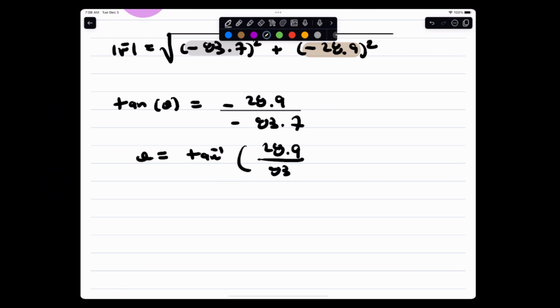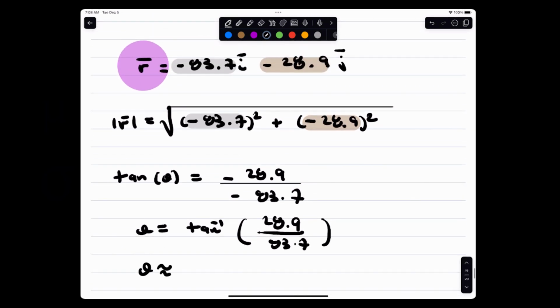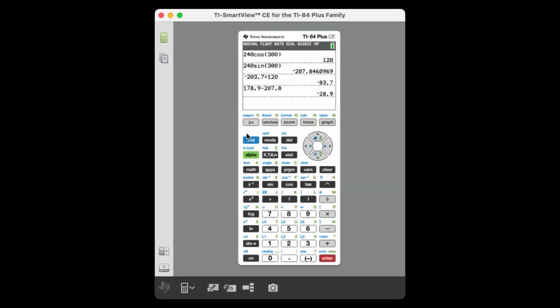Here we go. Second square root. Let me clear this out, okay?